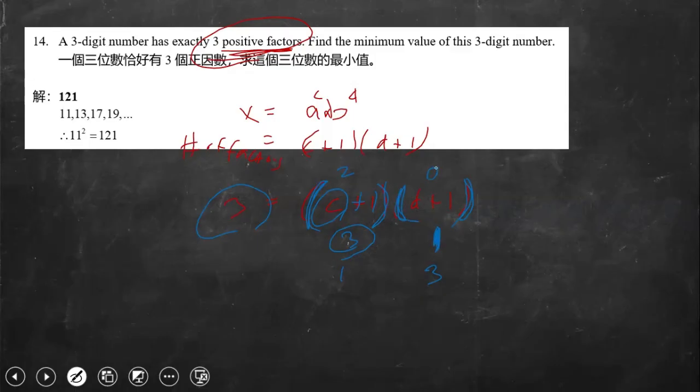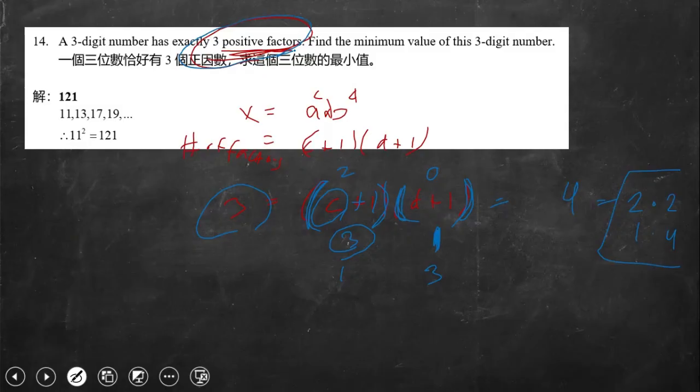This means that for a number to have 3 factors, it has to be a square. Take 4, for example. Does it have 3 factors? Let's check: we have 4, 2, and 1. Yes, it does. That's how we know that if a number has 3 positive factors, it has to be a square.